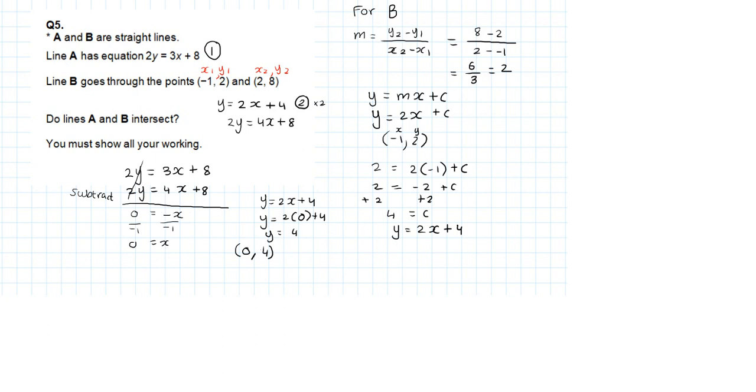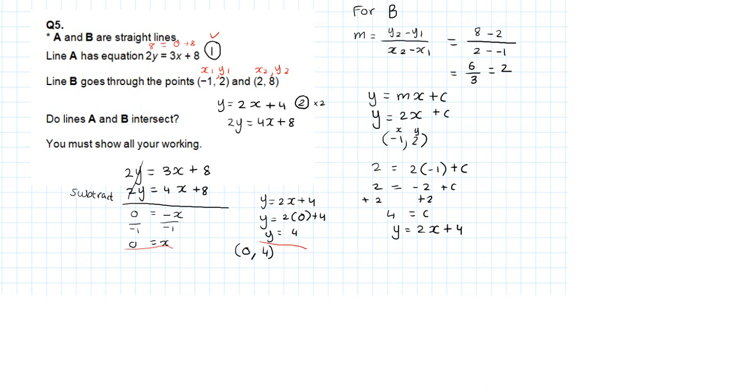We can actually see that from the equation, because if I divide this whole thing by 2, it'll be y is equal to 1.5x plus 4. But since we have been checking our answers, let's check whether 0, 4 works out. So 2 times 4 is 8, and 3 times 0 is 0 plus 8, so it works.